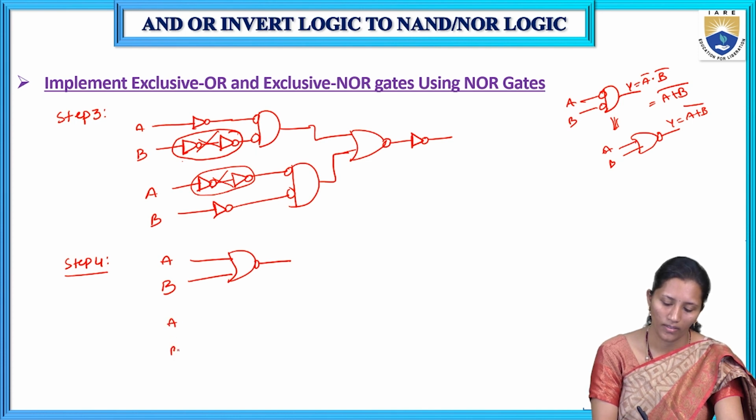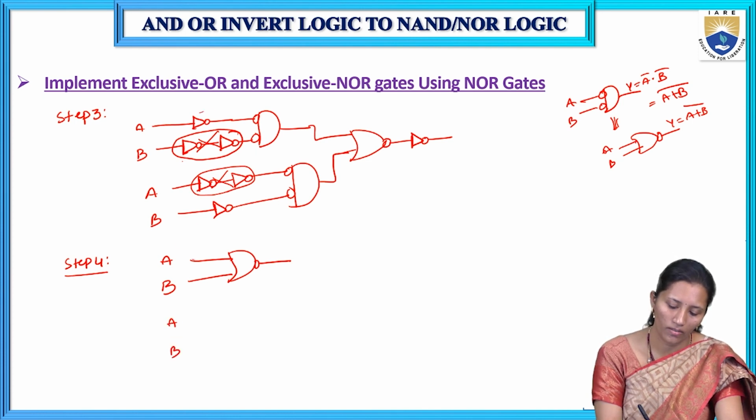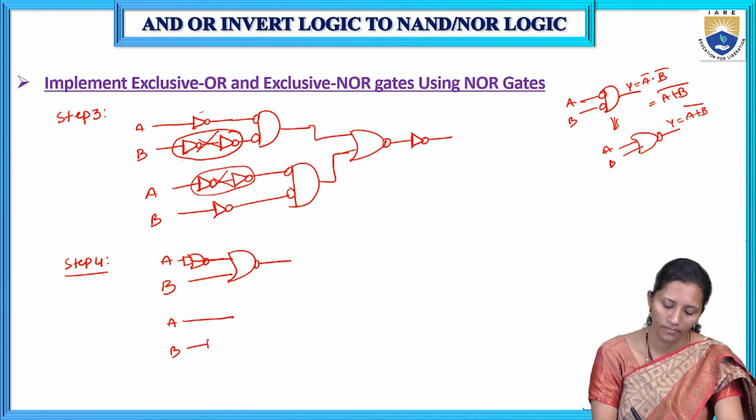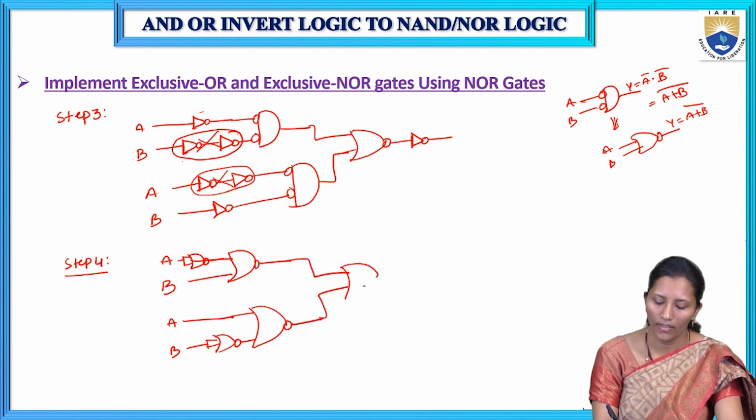Here we have one inverter, so we should represent it in terms of NOR gate only. So bubbled AND is NOR gate. Here also this is one NOR gate. The inverter we should represent in terms of NOR gate only.